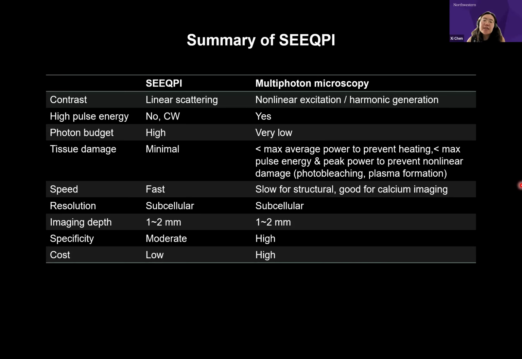And for the specificity of the CQPI, because we have the morphology information, we have a certain level of specificity. However, we do not have the biochemical specificity, and that can be introduced by the multiphoton microscopy.